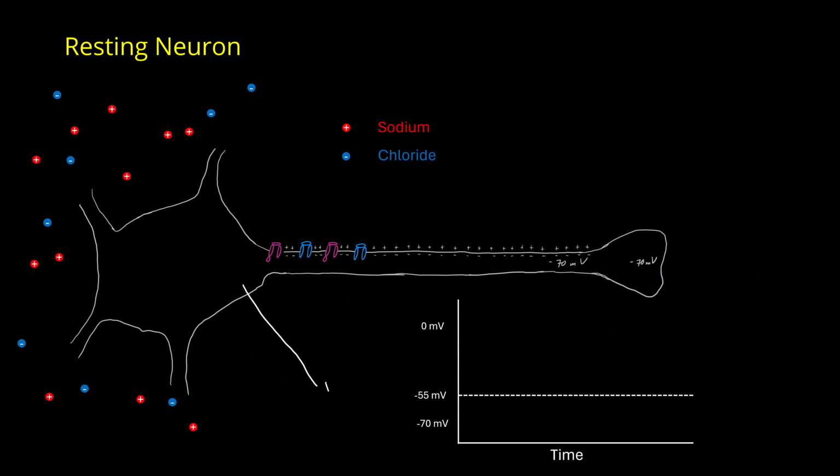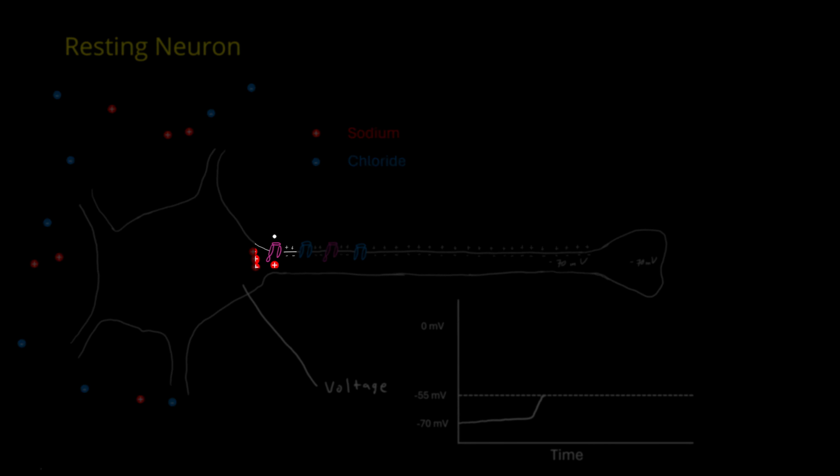Graded membrane potentials are always affecting voltage at the axon hillock by changing the way ions move across the cell membrane in the dendrites. When enough positive charge enters the neuron that voltage at the axon hillock rises above threshold, this voltage-gated sodium channel is going to open.